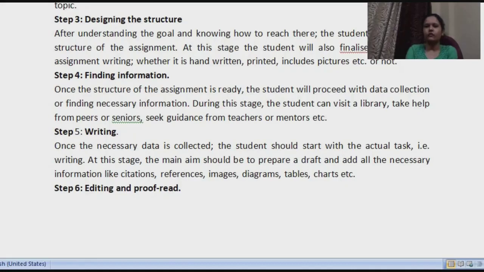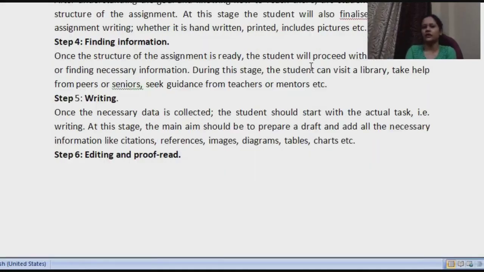Okay. Once you design the structure, you know what all things you need to write, and you will find information. Once the structure of the assignment is ready, you can do data collection and find the necessary information. So you need a book that explains what is assignment writing. You need a book that explains the steps involved in assignment writing.